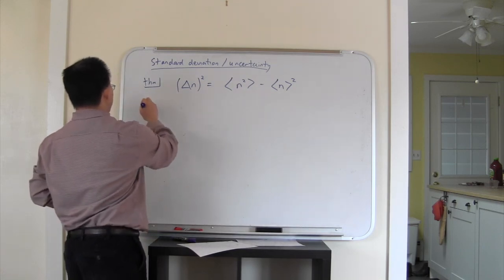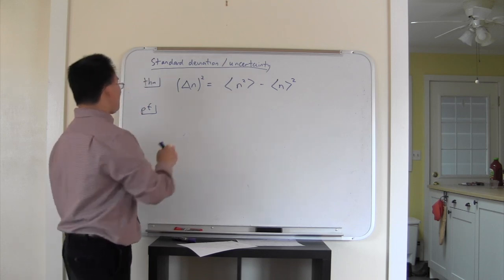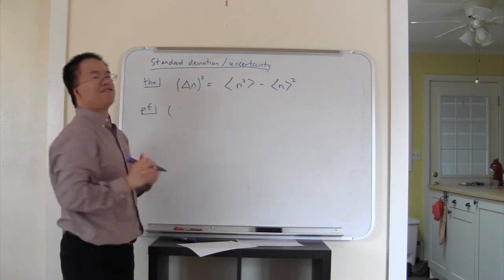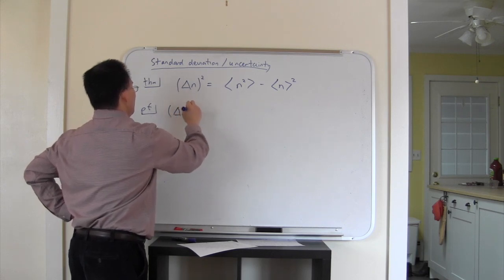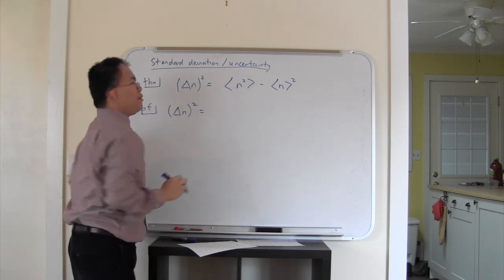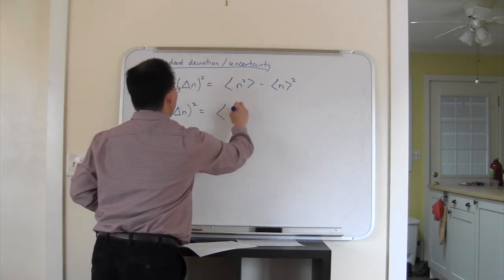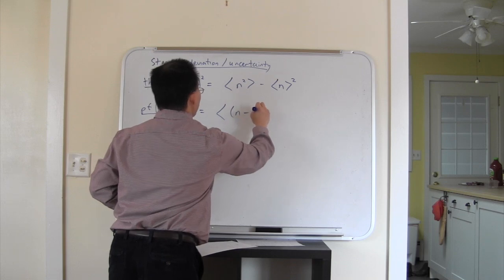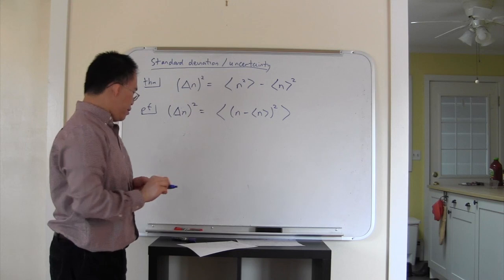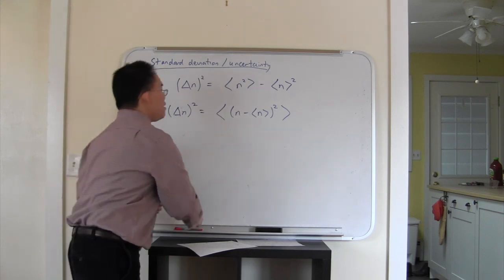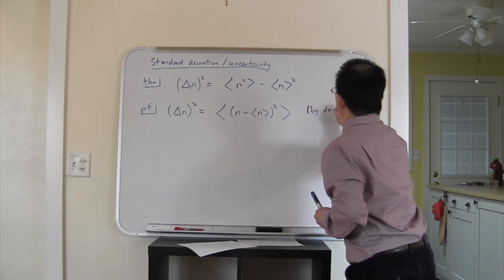So here's a sketch of the proof. I believe Townsend does work this out. And this is going to just come from applying the definition. So the definition says that it's the average value of n minus the average value of n, squared, and so the reason for this is by the definition.